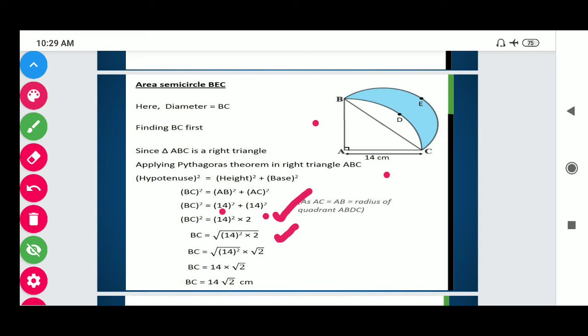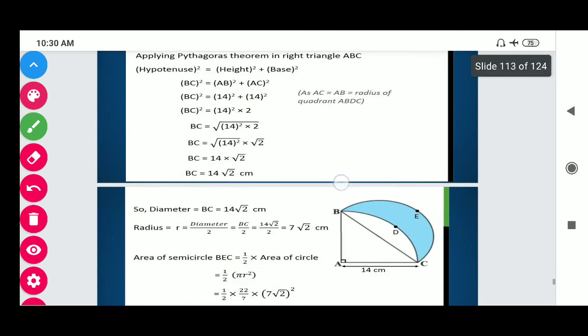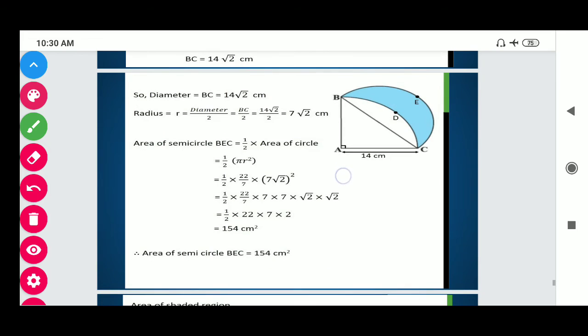Now by taking the square root, we get BC equal to 14 under root 2 centimeter. So this is the value of the diameter, but we need to calculate the radius. So its radius must be half. We will write here 7 under root 2. So here we have radius 7 under root 2 centimeter.